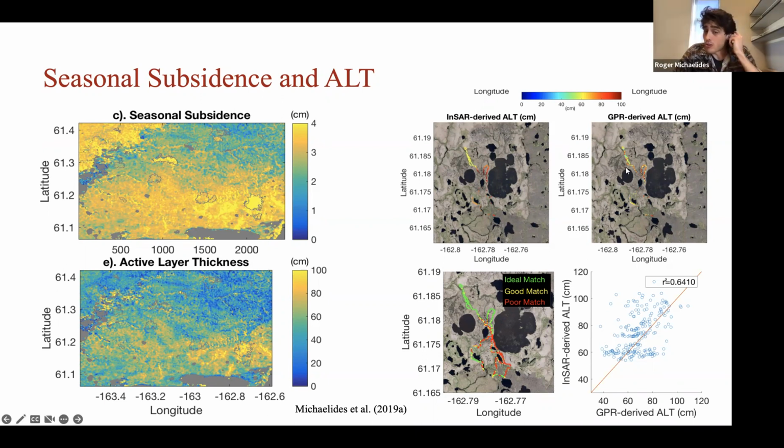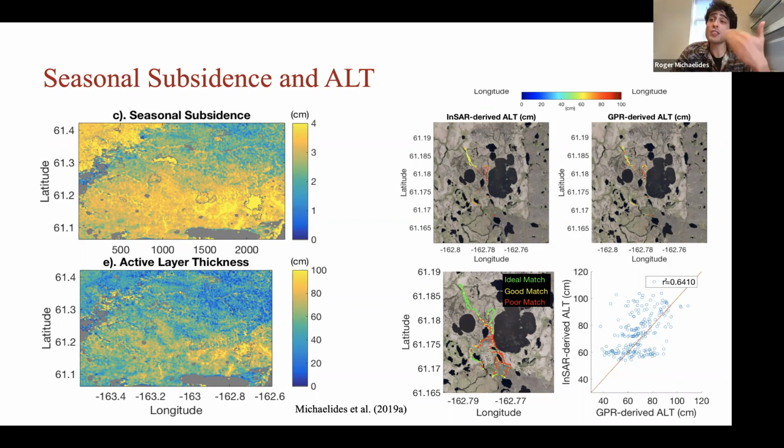If we compare our results to in situ GPR measurements, like here at right, we can see that in general, the comparisons agree quite well in areas where subsequent burning did not occur, such as here. But in areas that were affected by the 2015 and 2016 fires, such as closer to this marginal lake here, we basically have no match between the results.